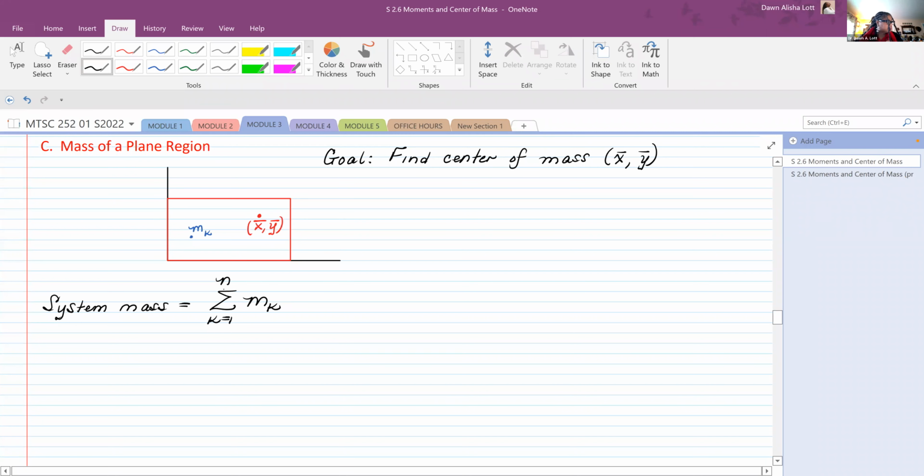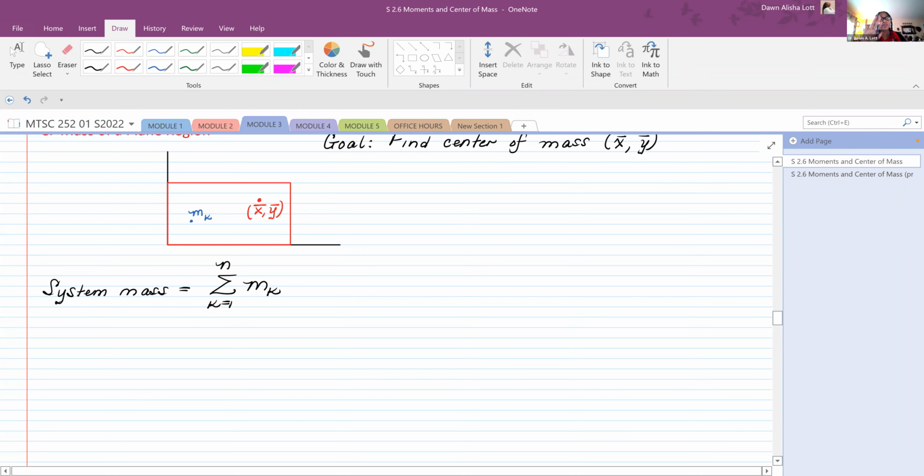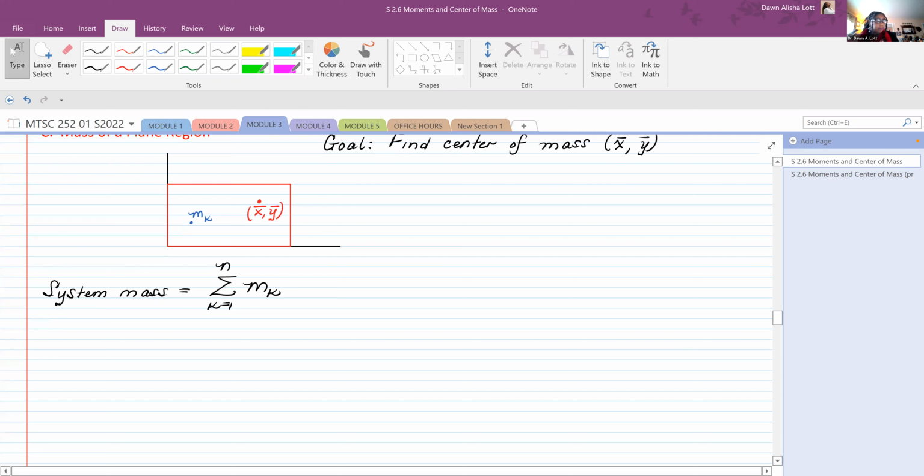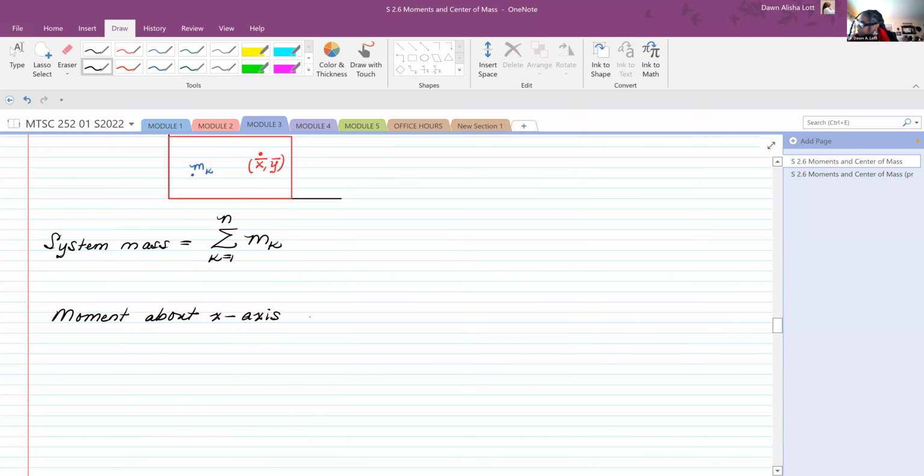Okay, so that's easy. But now I'm going to have two things. I'm now going to have a moment about the x-axis, and we're going to call it mx.